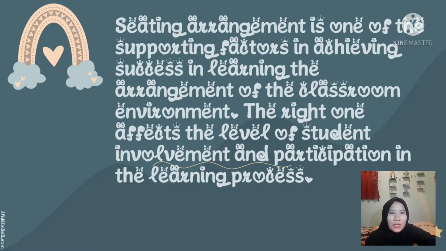Spatial planning is based on the determination of student seating with a format that makes it easier for students to see their teachers. Usually, this is influenced by the number of students in one class.